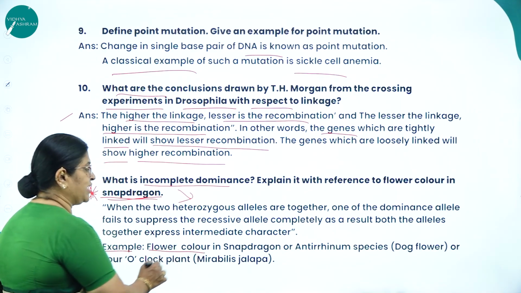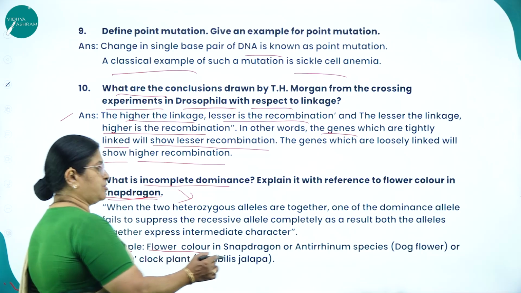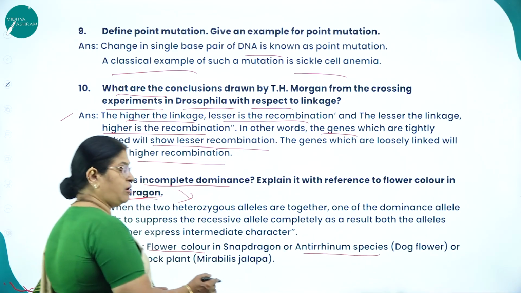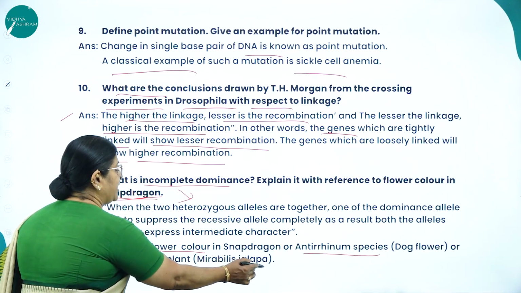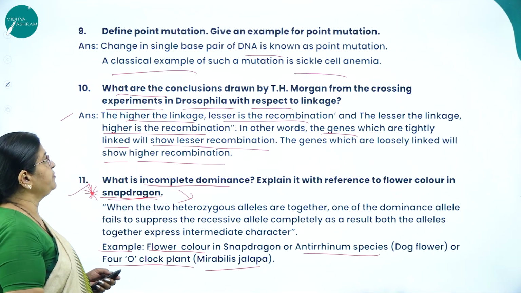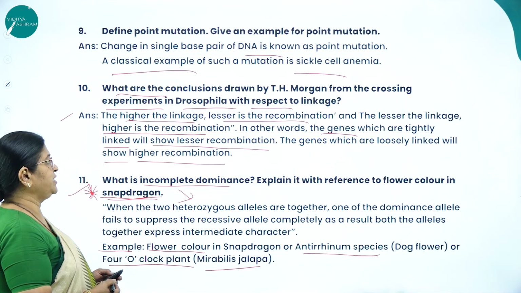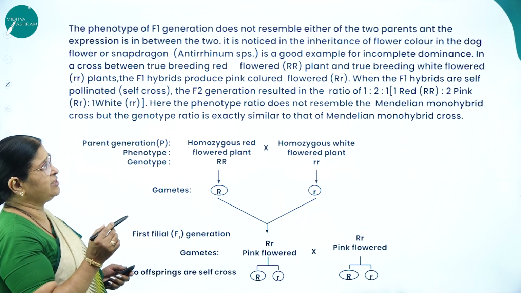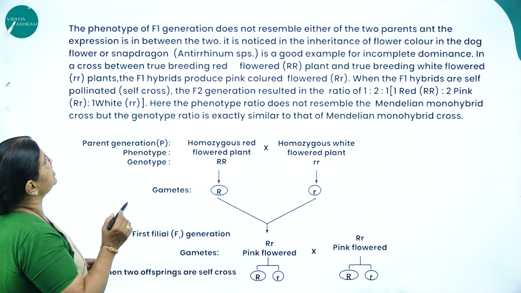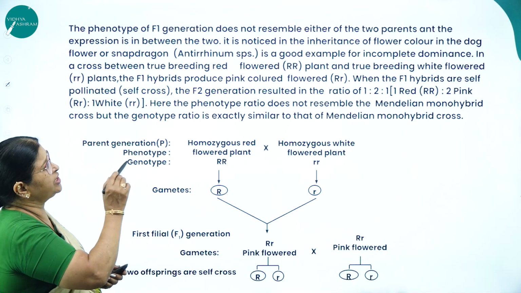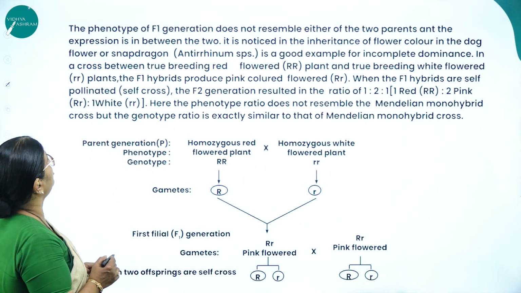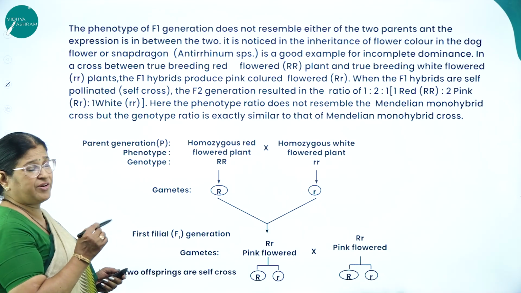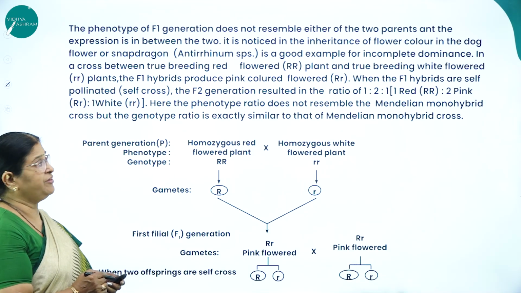Example, flower color in Snapdragon, or dog flower, or 4 o'clock plant, Mirabilis jalapa. Now let us see the schematic representation. The phenotype of the F1 generation does not resemble either of the two parents, and the expression is in between the two. It is noticed in the inheritance of flower color in the dog flower or Snapdragon, which is a very good example for occurrence of incomplete dominance.